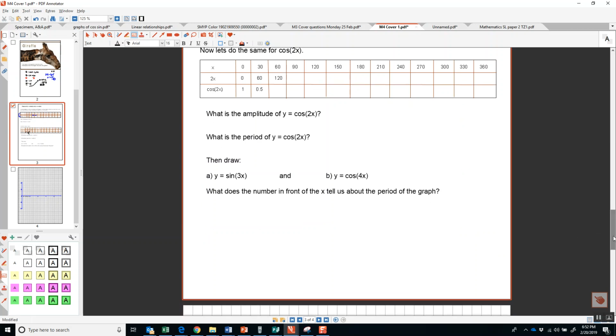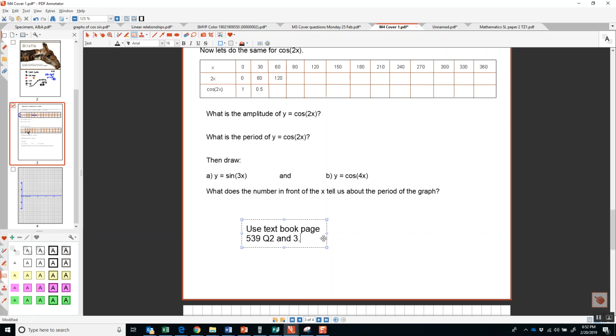Now, if you manage to finish all of that, then you can go to the online textbook, which is on Manage Pack, and go to page 539, and have a go at question 2 and 3.